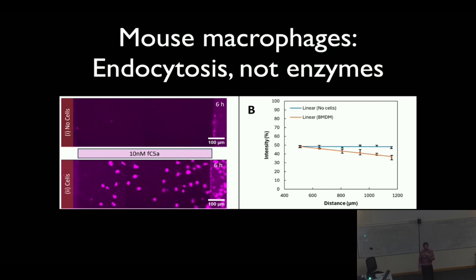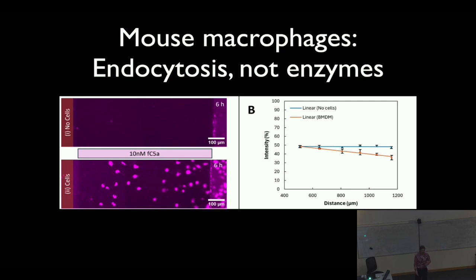And carboxypeptidase M is a cell surface enzyme that breaks down C5a, makes it much less active. So we presumed totally that what was going on in these glorious experiments was carboxypeptidase M was breaking down the C5a in exactly the same way that the enzymes were breaking down the LPA and the cyclic AMP.